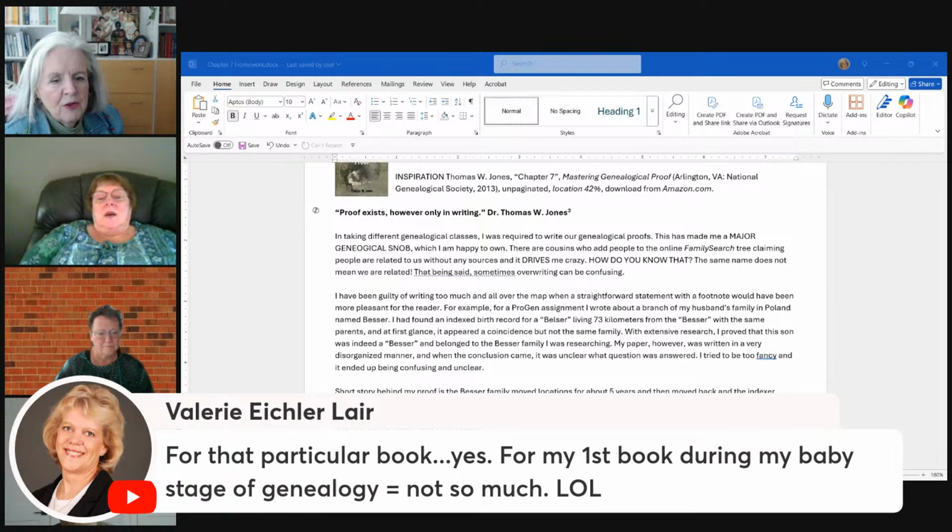So for that particular book, yes, she did it as Mr. Myrt would do it. But for her first book during her baby stage of genealogy, not so much. I think that we're all on a continuum in one regard or another.